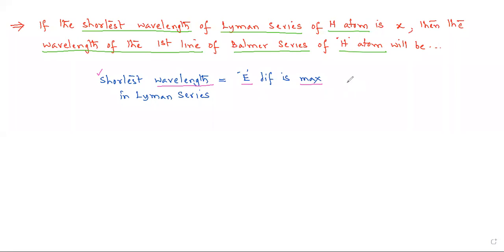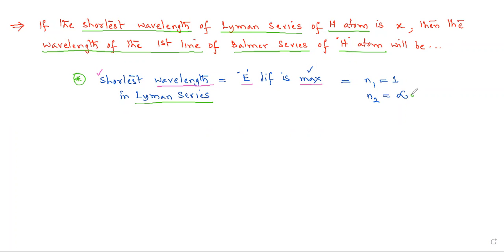So when you want a maximum difference in energy, look at this. For Lyman series, anyway, N1 is 1, we know that. But you want the difference in energy to be maximum, then take the last one. Got it? So this is very important. Let me put a star mark. If suppose they ask for longest wavelength, remember energy difference has to be minimum.